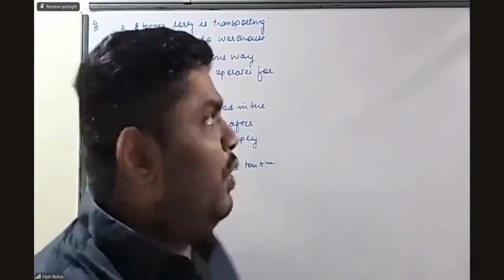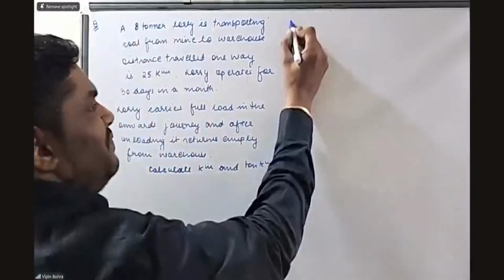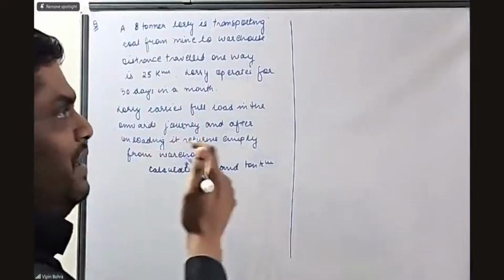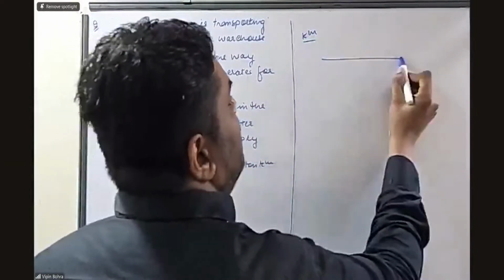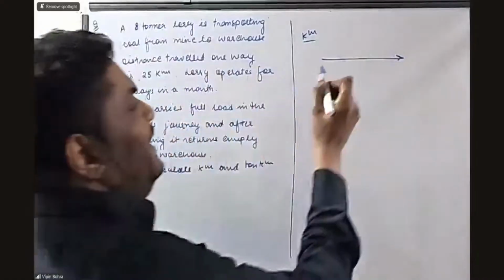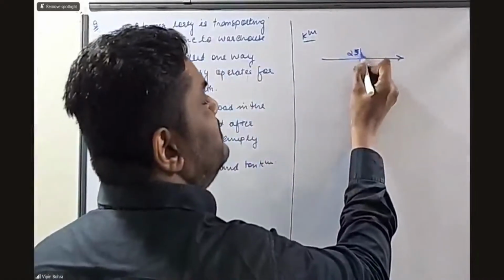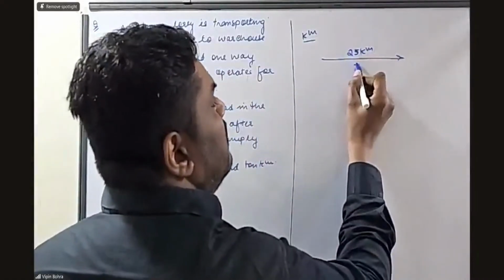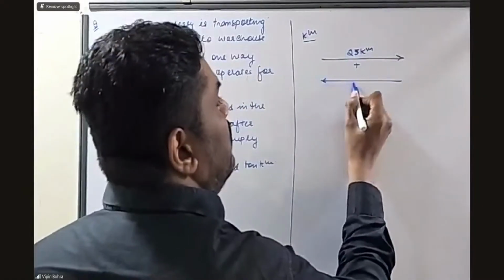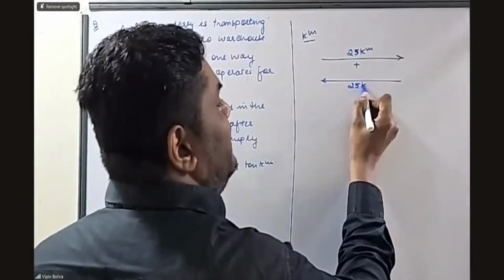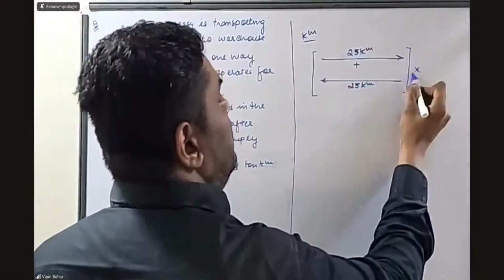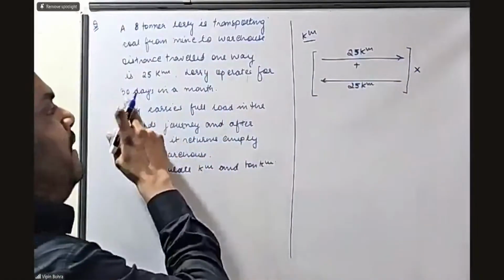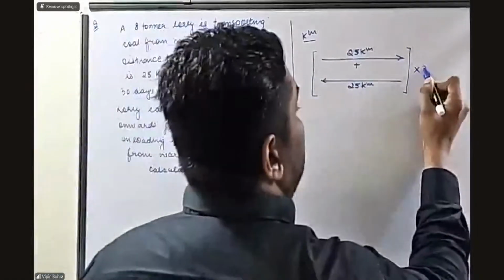So now let's go ahead with the final answer. So when talking about the kilometer, the lorry is traveling 25 kilometers in the onward journey, 25 kilometers in the return journey, into how many days in a month? 30 days in a month.